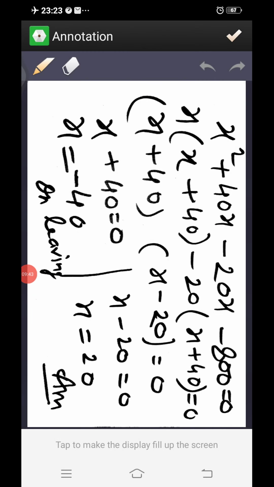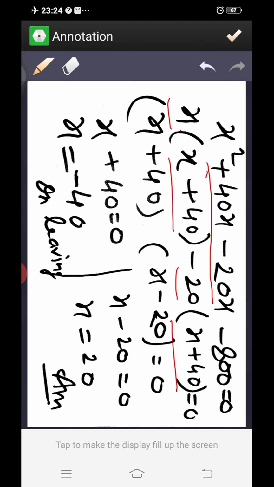So now factorize that quadratic equation. The factors of 800 are 40 into 20, so we get plus 40 minus 20, which gives plus 20 as required in our quadratic equation. Then take x common, we get x plus 40, and here we take minus 20 common, we get again x plus 40.